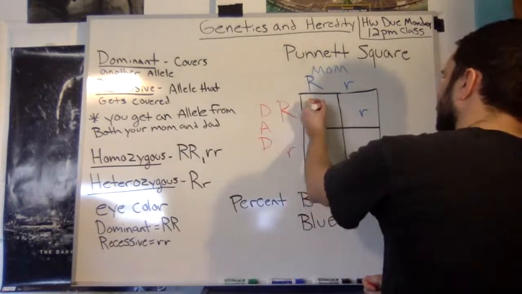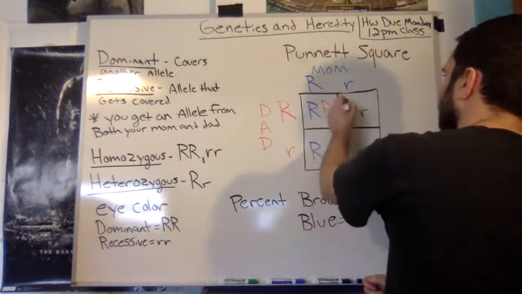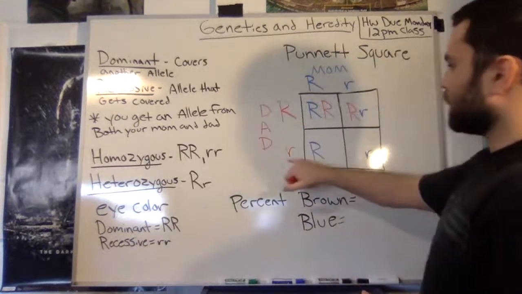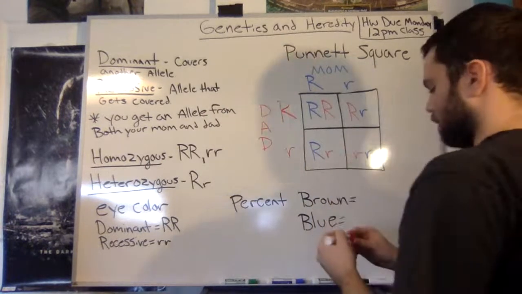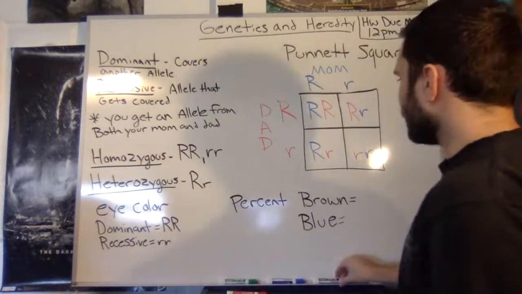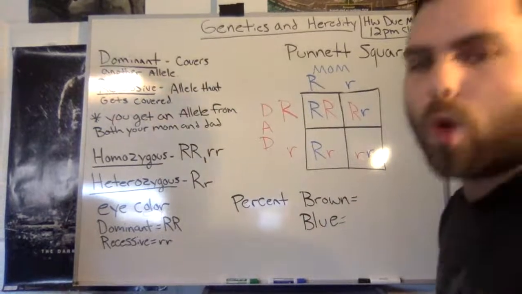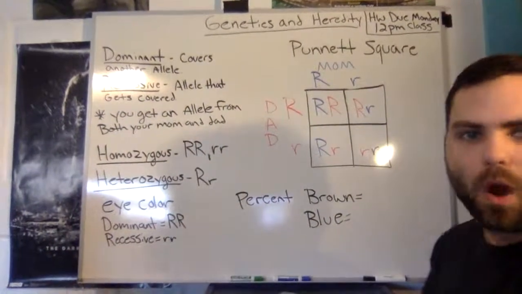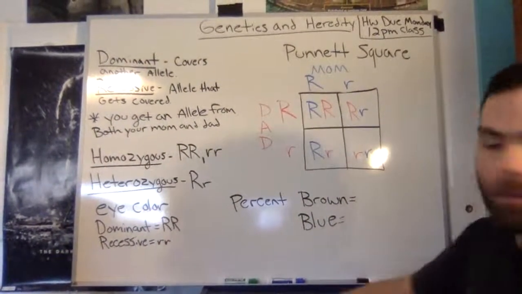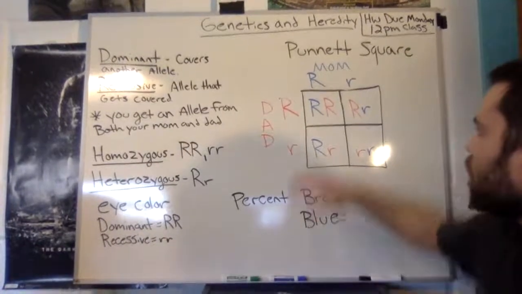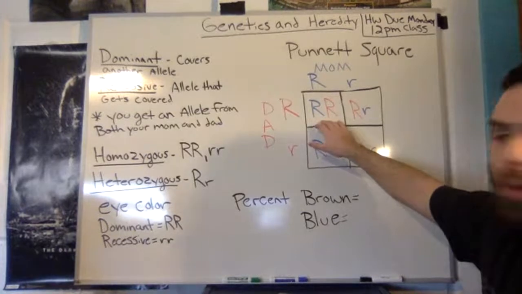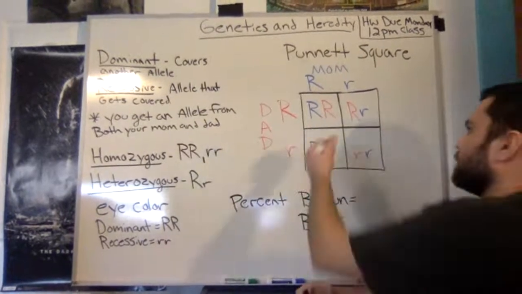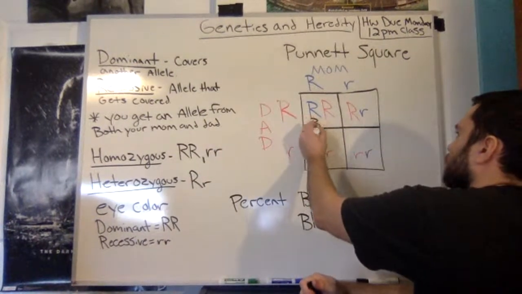We got capital R, capital R, capital R. Now we have lowercase, so I'm going to bring in lowercase r and lowercase r. So now we're going to figure out what the chance, the percent that the offspring is going to have brown eyes and blue eyes. So uppercase R, uppercase R. That is 25%. So this is going to be brown eyes.